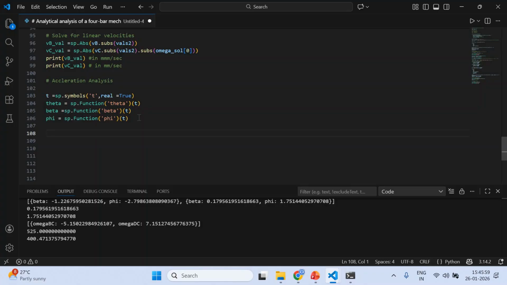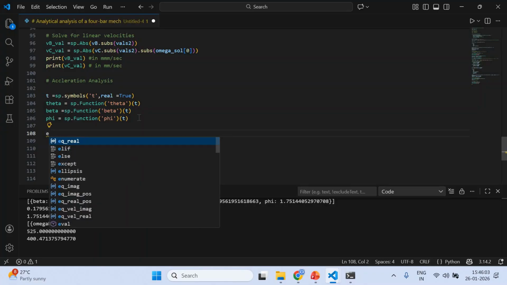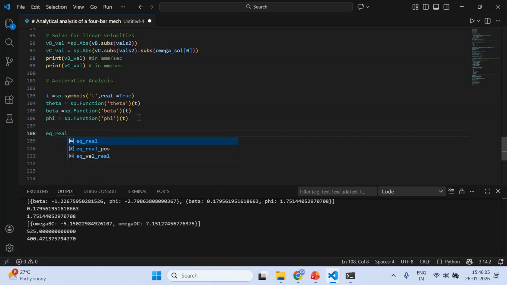Now after this, we are going to take the position equations again. Since we are using the position equations again and again, that was the reason I defined the position equations as a function in the beginning. So again we are going to take vec underscore loop underscore equation.